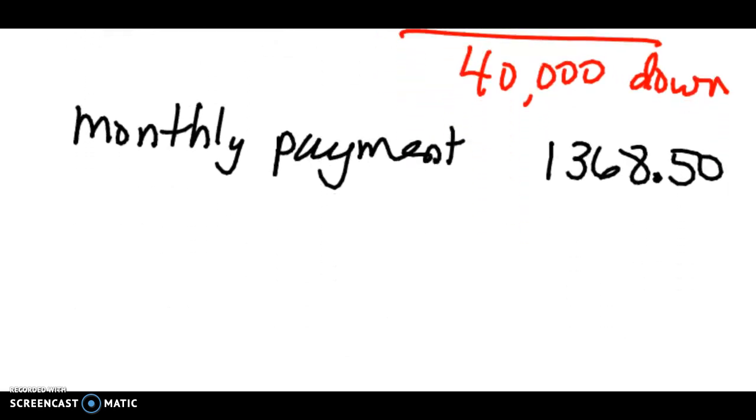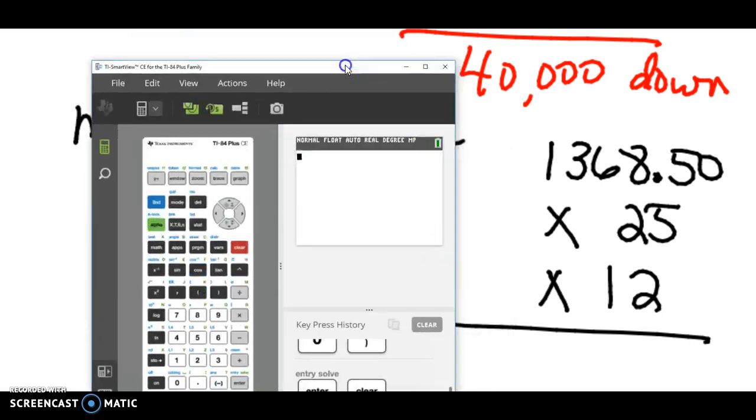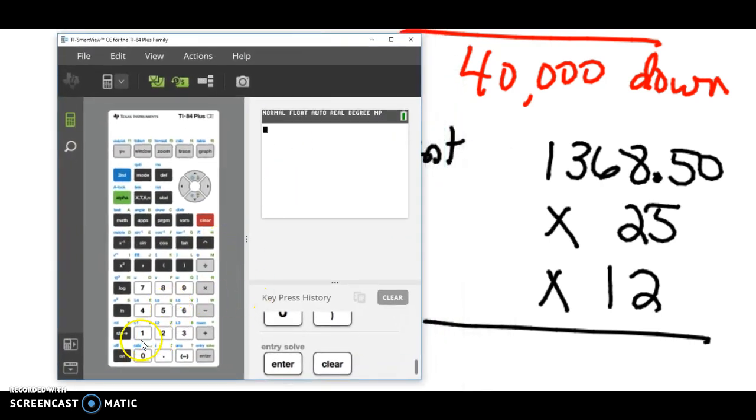They are repaying this money over 25 years, so we will multiply this by 25. But also note that they are making one payment per month for each year. So they are going to make 12 payments in a year for 25 years. So we're going to multiply $1,368.50 by both 25 and 12.